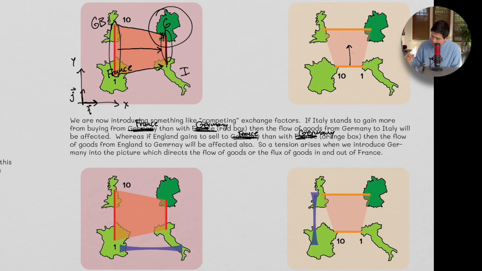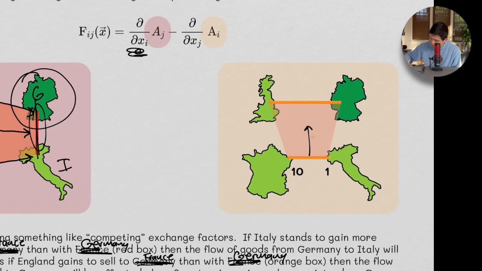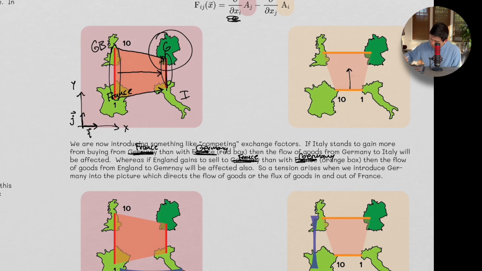So here, if England gains to sell to France, right? So sell to France. Then with Germany, the orange box, then the flow of goods from England to Germany is also going to be affected.